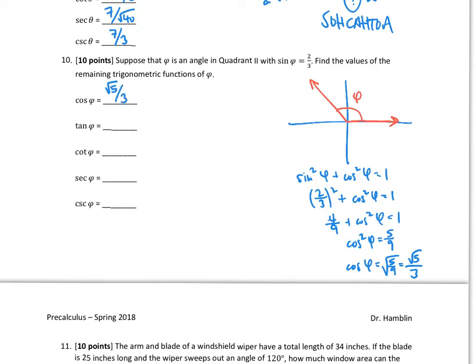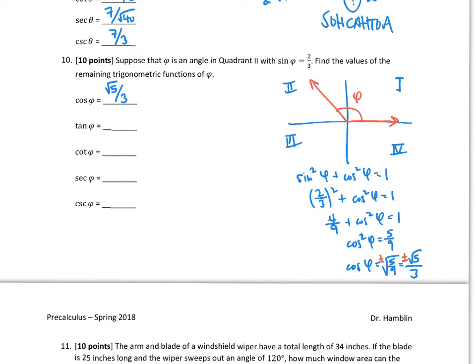But hold on a second. Remember, we're in quadrant 2. So quadrant 1, quadrant 2, quadrant 3, quadrant 4. When we took the square root of both sides, we need to not forget that we get a plus or a minus. So is it plus or is it minus? Well, in quadrant 2, the x values are negative.